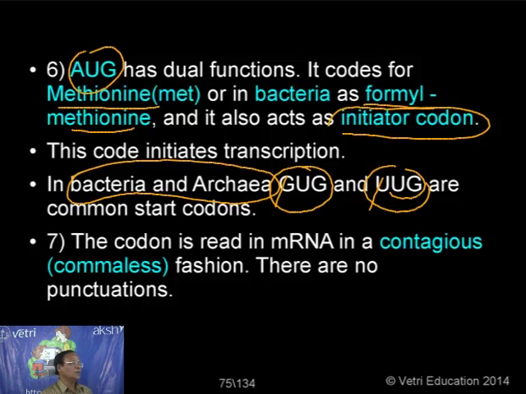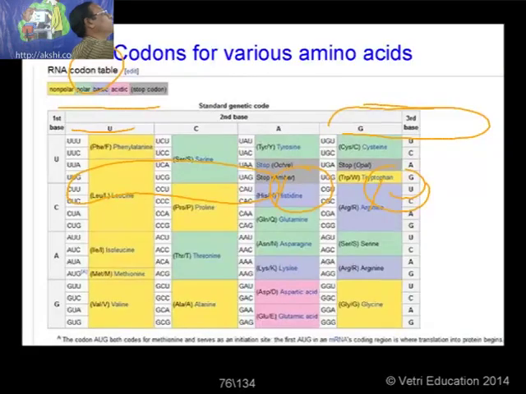Remember that. When you are reading the codon in mRNA, it is always read in a contiguous manner, that is without any comma, without any punctuation. It is written continuously without any comma. That is called the contiguous method of writing, so the codon is read in mRNA in a commaless manner. There are no punctuations with the codons.